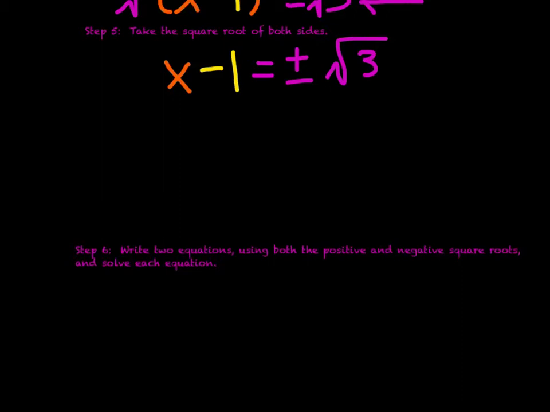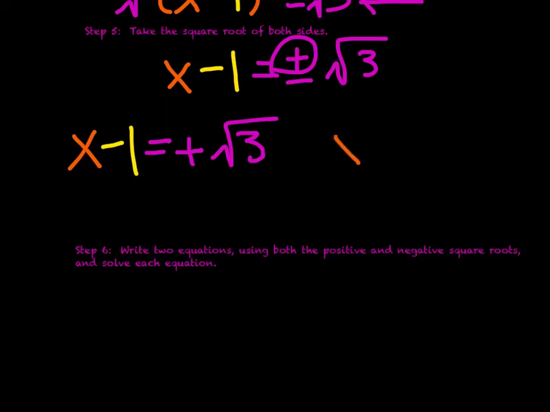And our last little bit of our equation is the following. We need to write two equations using the positive and the negative square roots and solve each equation. So we have x minus 1 is equal to a positive square root of 3, and we also have x minus 1 is equal to a negative square root of 3.